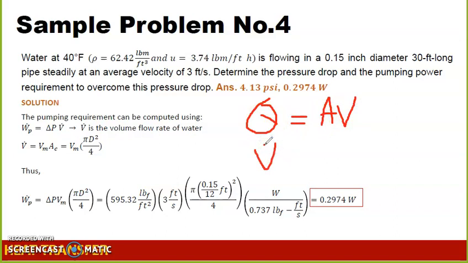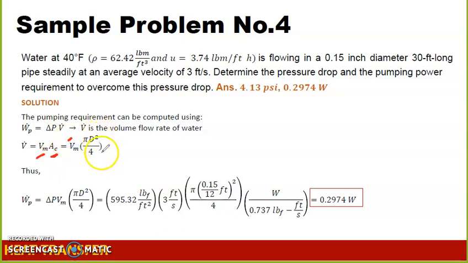Our volumetric flow rate V dot is equal to the area times the velocity, so the velocity times the cross-sectional area of the tube. Velocity times pi d squared over 4, we can get the volume flow rate of the water. Substituting this value here, we can have this one.